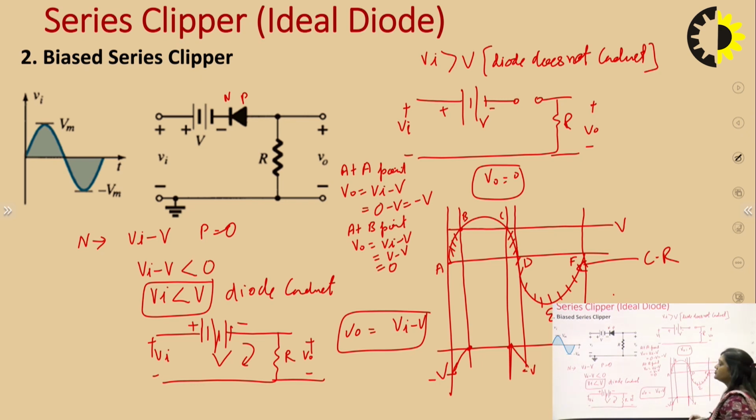At D point, output would be equal to minus V, and at E point we can calculate Vi minus V. At E point, the value of Vi is minus Vm.